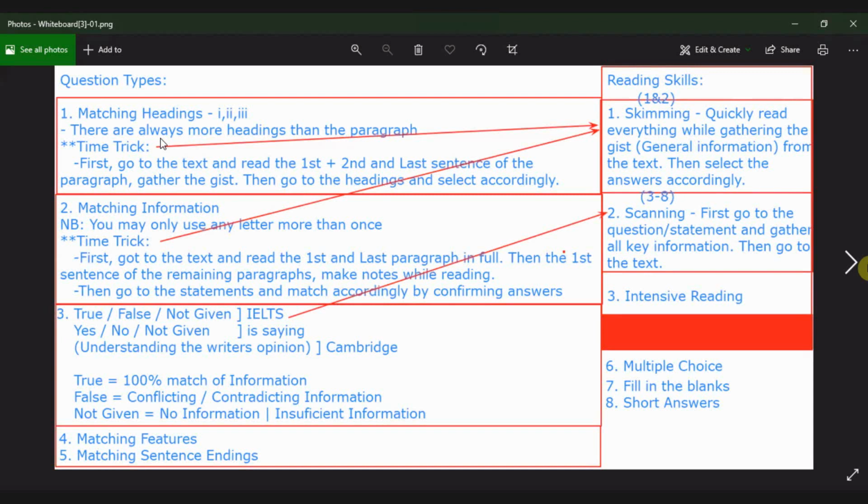So what happens here is people change their answers until they get confused. They don't want to answer the question anymore because they're mixing everything up, thinking that this one could also be a possible heading.